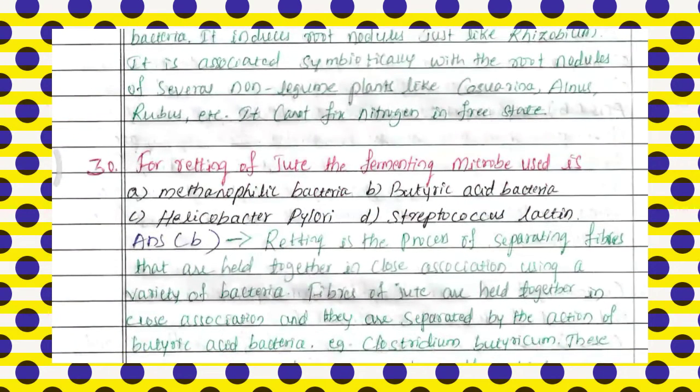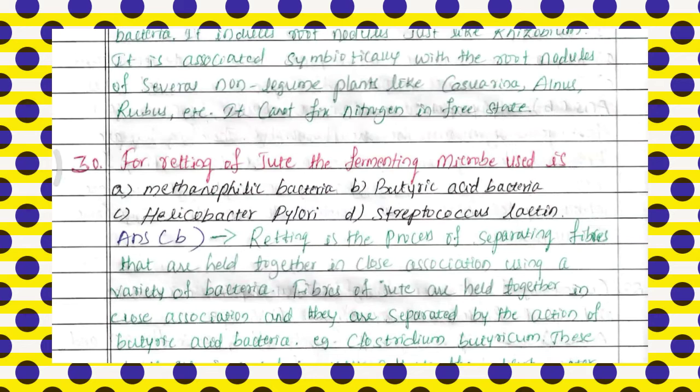Question number 30. For retting of jute, the fermenting microbe used is: methanophilic bacteria, butyric acid bacteria, Helicobacter pylori, Streptococcus lactis. Answer is B, butyric acid bacteria.